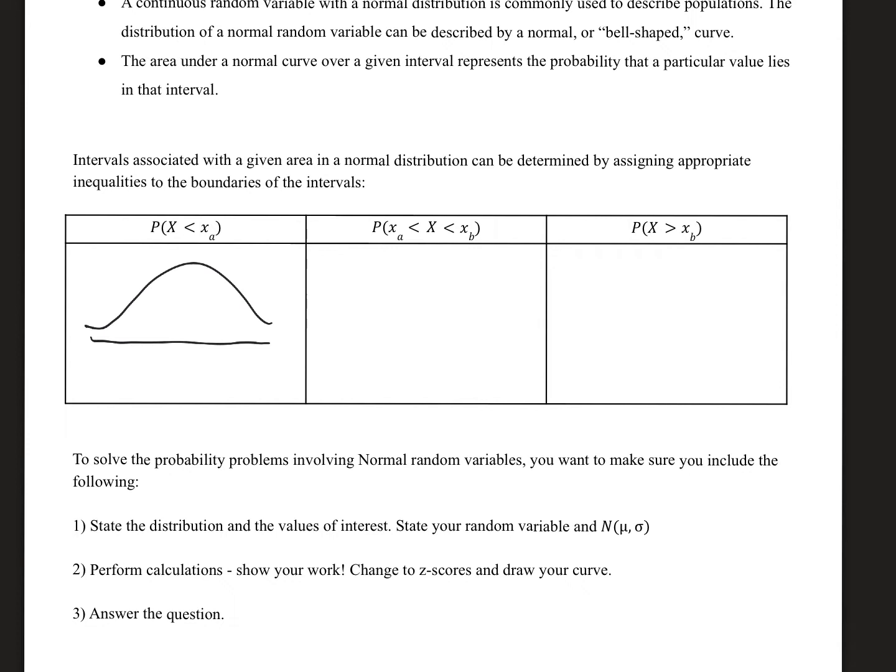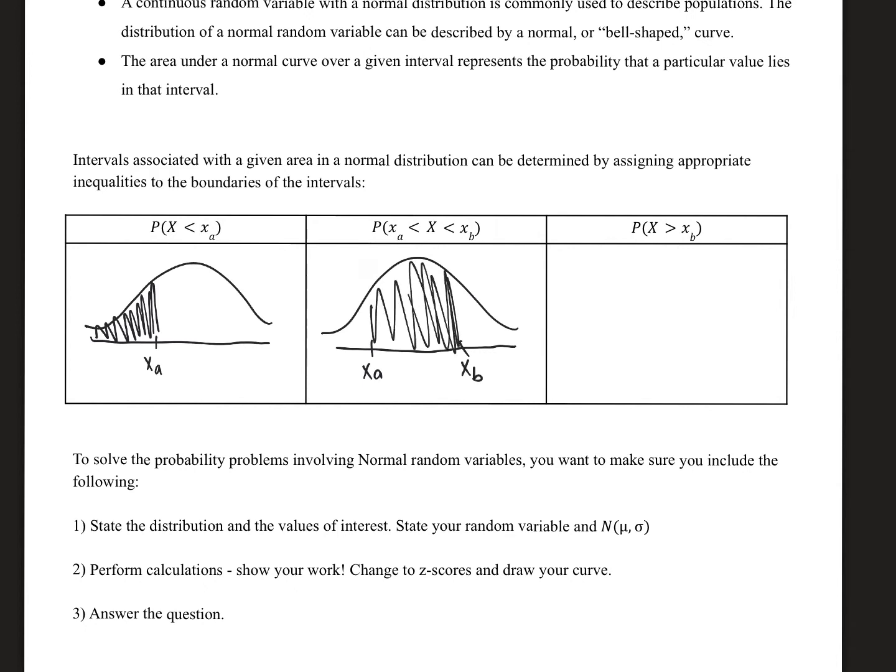So if this is our some variable we're looking at, less than would be below it. We could be between 2 values. Or we can be greater than a specific value.